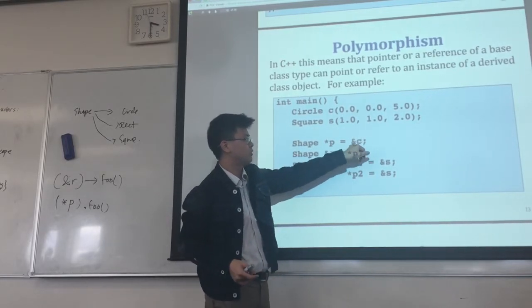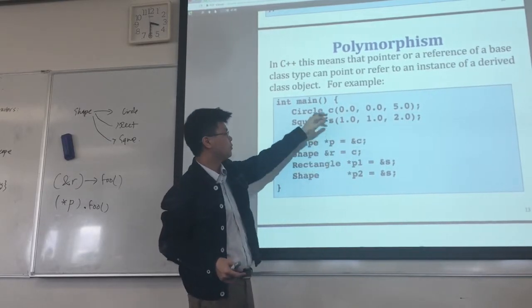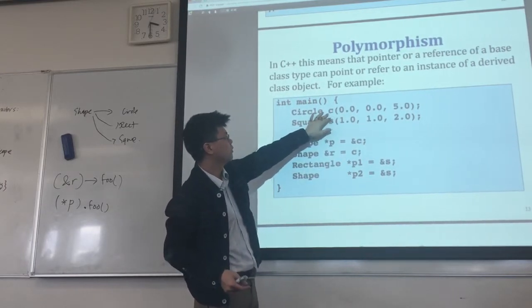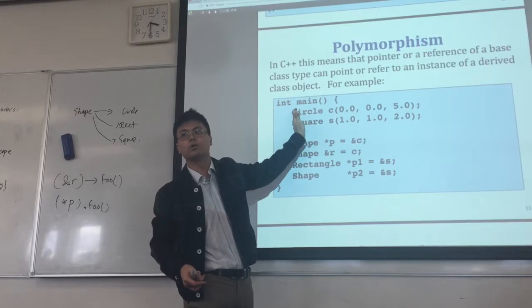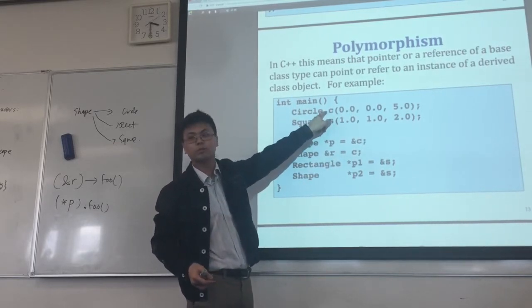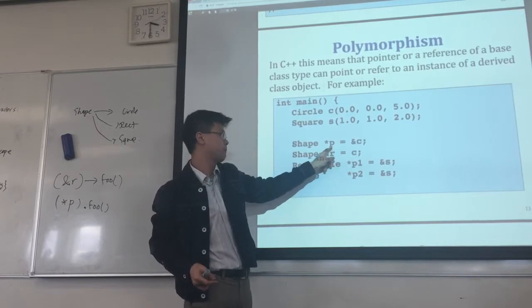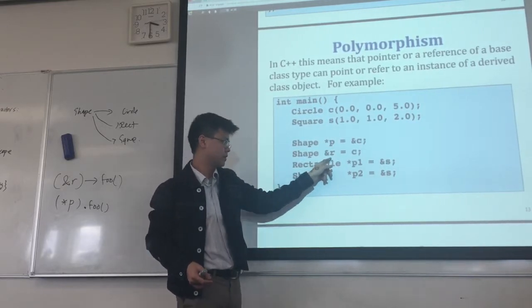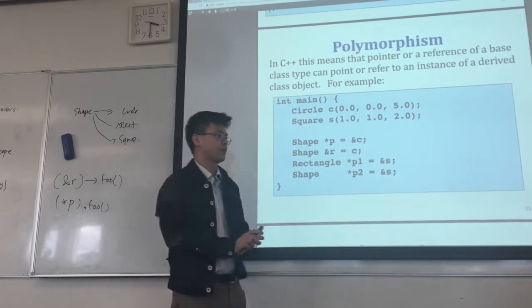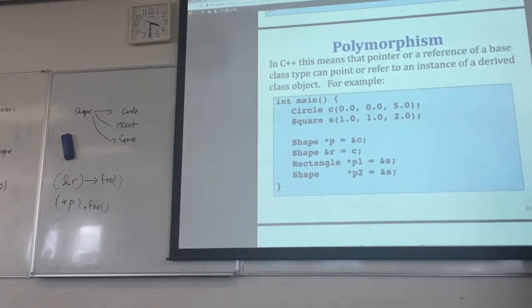Pointer P points to the address of C. So different pointers, but same object. So I can call C, in which case it will be considered a circle, or I can use P, in which case it is still the same object, but it will be considered a shape. Okay, confusing.